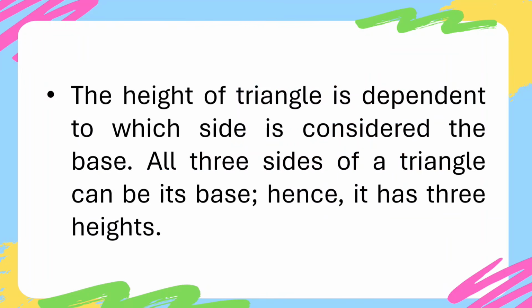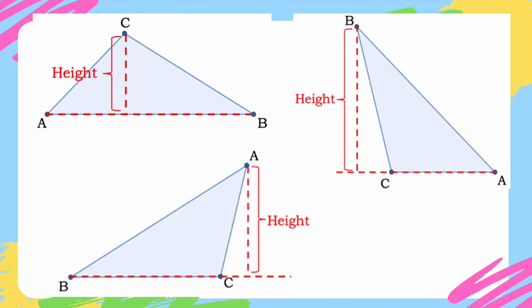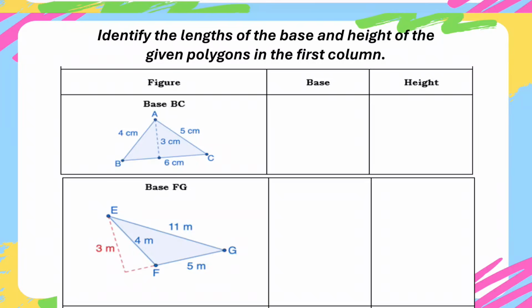The height of a triangle is dependent on which side is considered the base. All three sides of a triangle can be its base, hence it has three heights. Now, identify the lengths of the base and height of the given polygons in the first column.